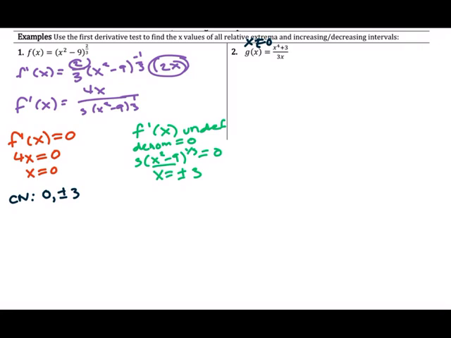Now, in order to take the derivative, I could use the quotient rule, or I could rewrite this function. I could split my numerator. I could rewrite this function as 2 pieces, and then I could simplify. That gives me x to the 3rd over 3 plus 1 over x, or x to the negative 1st power. Now, I'm going to take my derivative using the power rule.